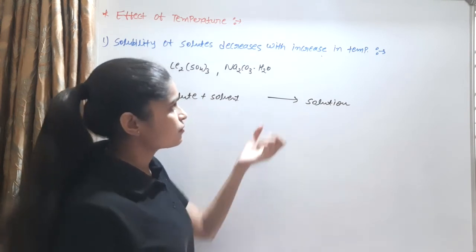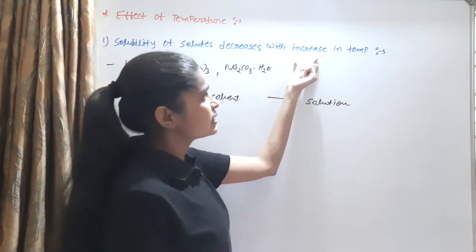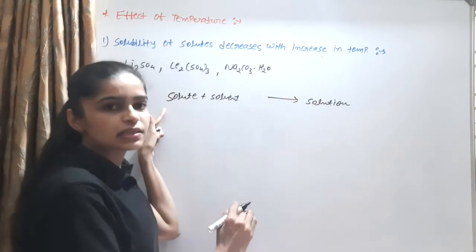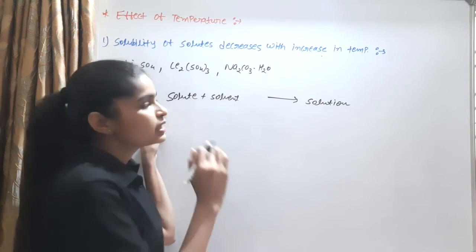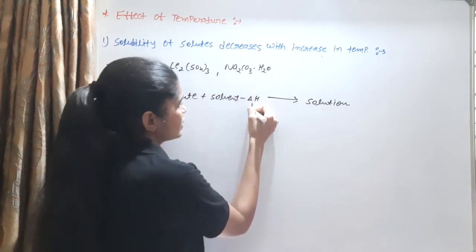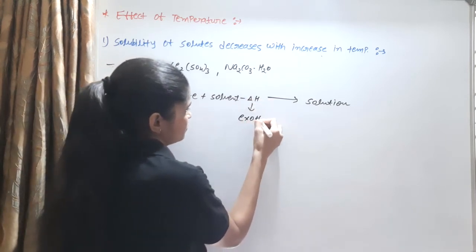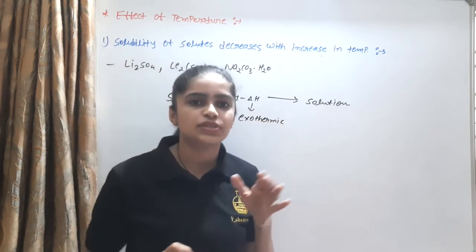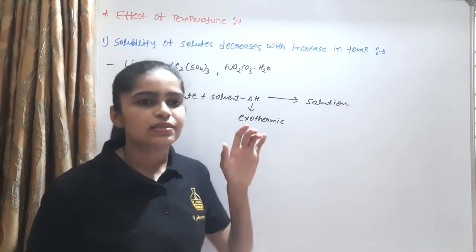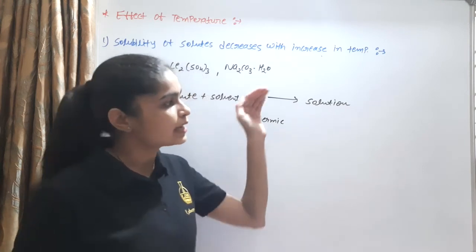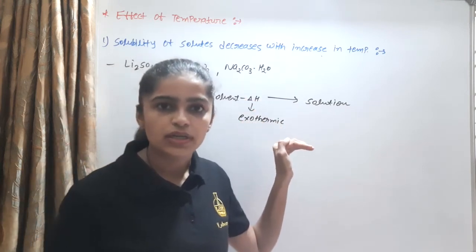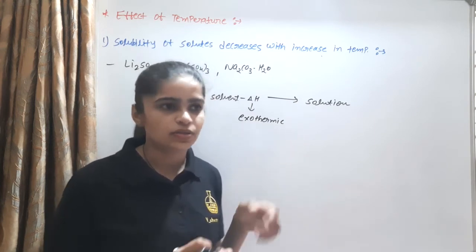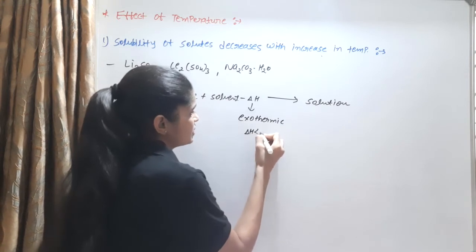But when the temperature increases, this solute's solubility decreases because it is an exothermic reaction. Exothermic means heat is released. When the solute releases heat and dissolves into the solvent, its solubility decreases when the temperature increases. That is delta H less than 0.